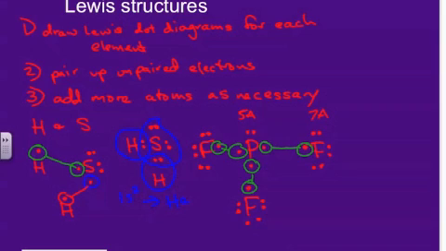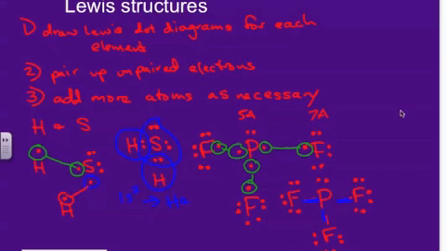So if we redraw this whole thing, this is going to be... notice how this time, instead of dots, for the shared electrons I represented them with a single line.